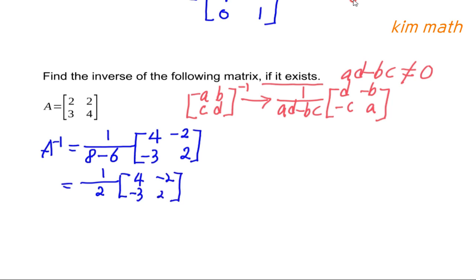You can stop here, or you can multiply this number into the matrix using the distributive property, which means if you multiply by 1/2, this will be 2, this will be -1, this will be -3 over 2, this will be 1. This is the inverse matrix.